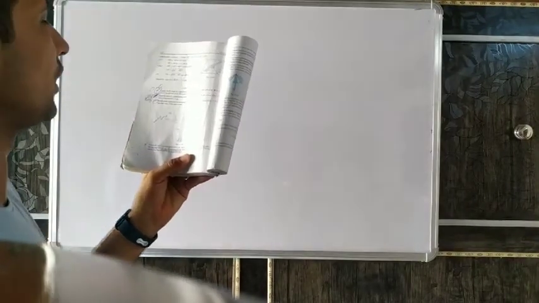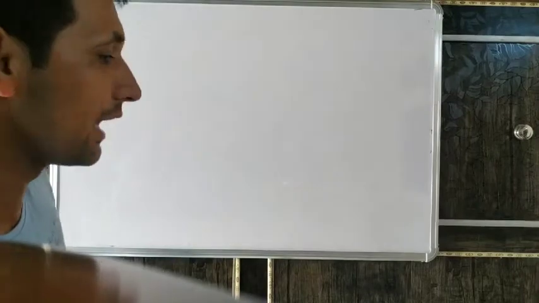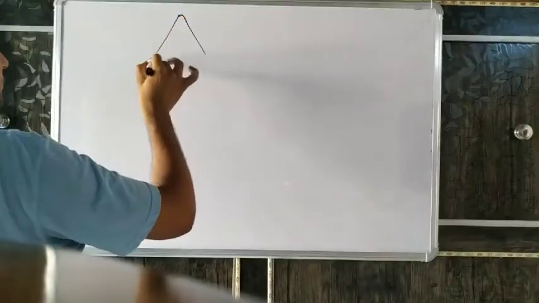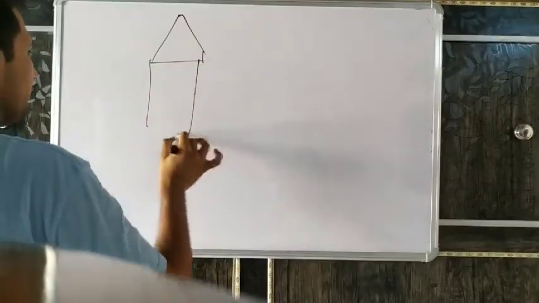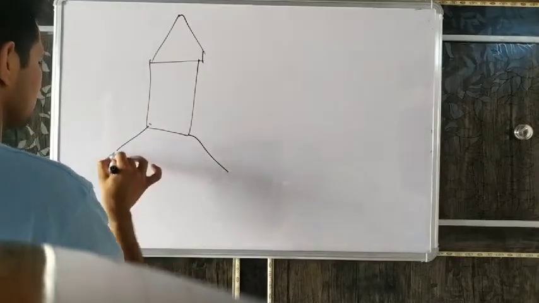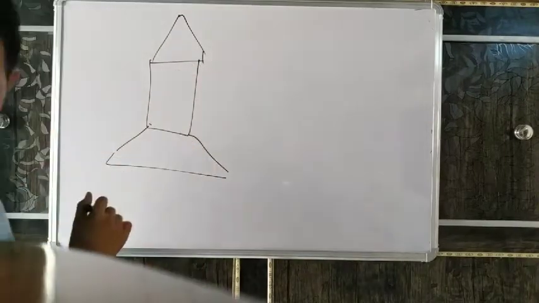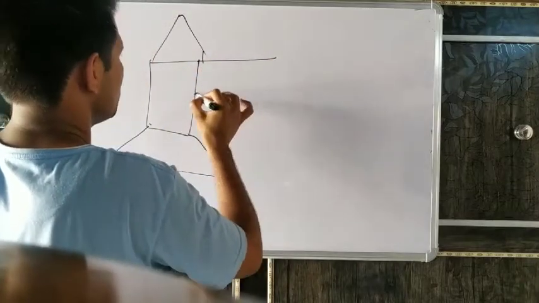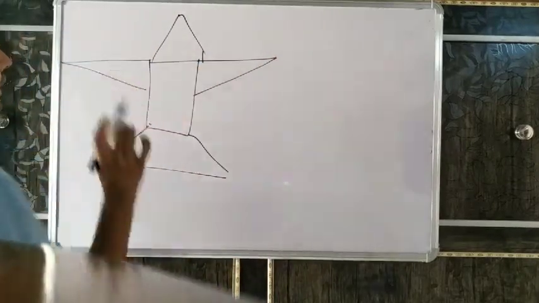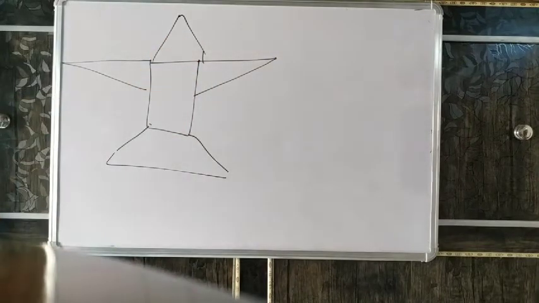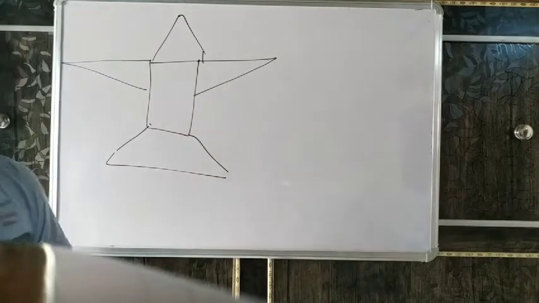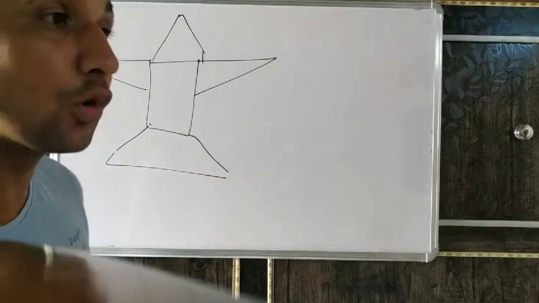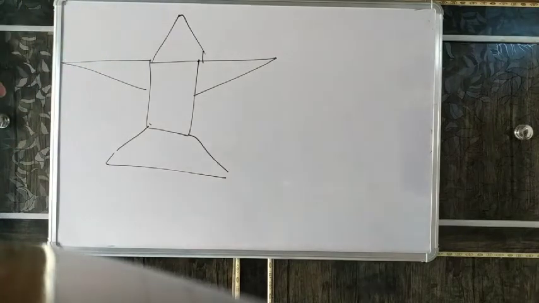Find the total area of paper pasted. Suppose you make this aeroplane by colored paper, and you want to find the area of this figure, how will we find? If its shape is a rectangle, we can find easily, length into breadth. If a triangle is given, we can find easily. But it is the shape of an aeroplane. So how will we find?